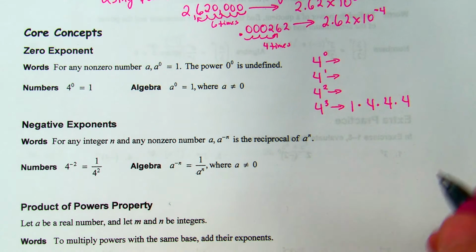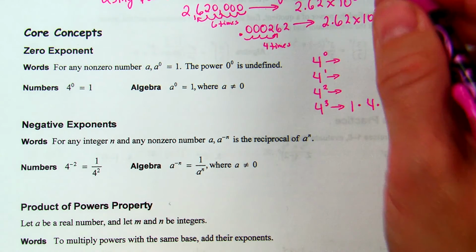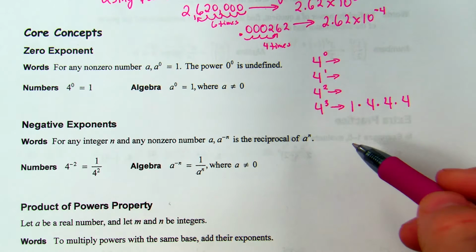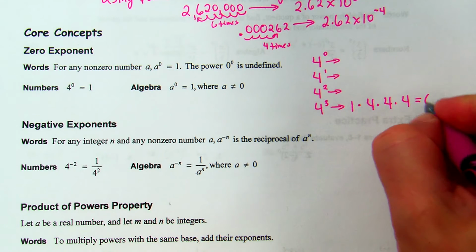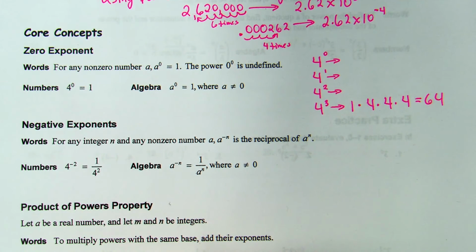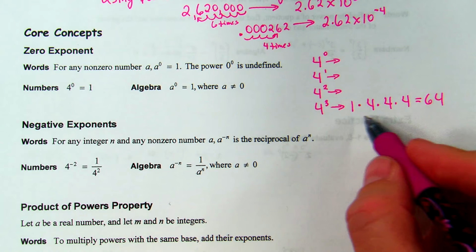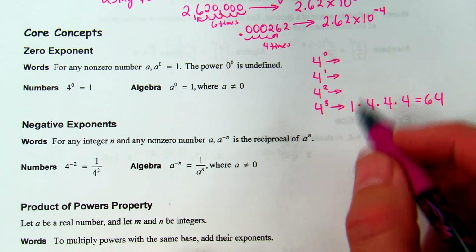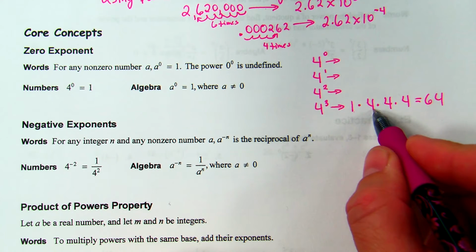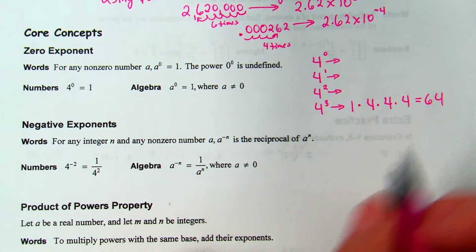And we found out a while ago, 4 squared gave us 16. We multiply that times 4 one more time, we end up with 64. And again, this is just in terms of the power rule here, we're listing 1 and then all of the 4s that it takes to get to 64.